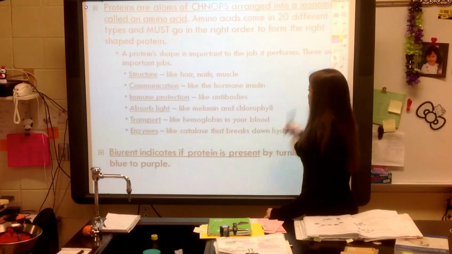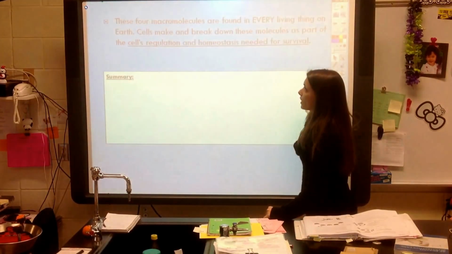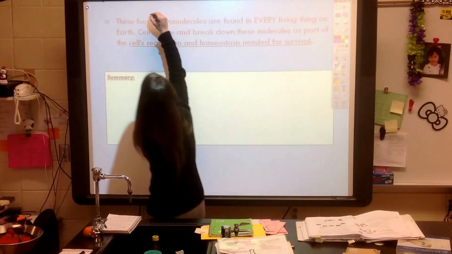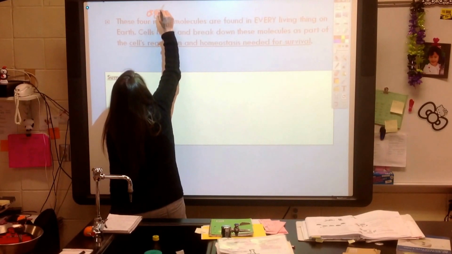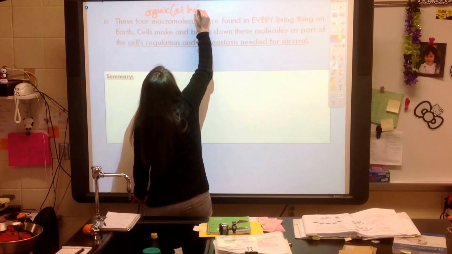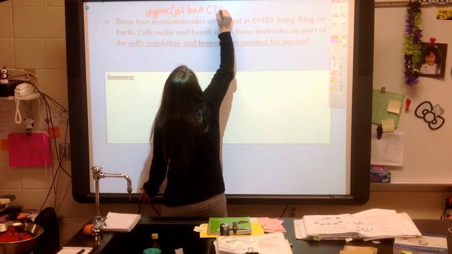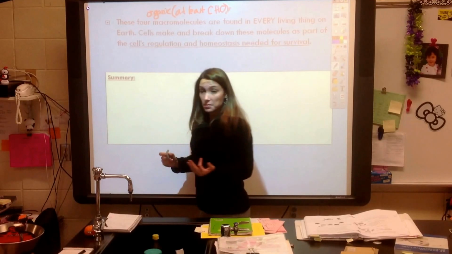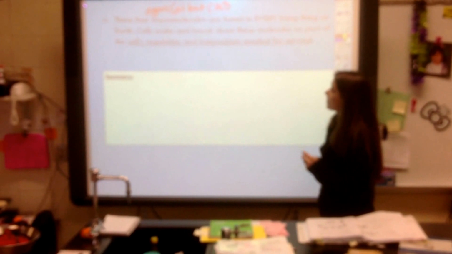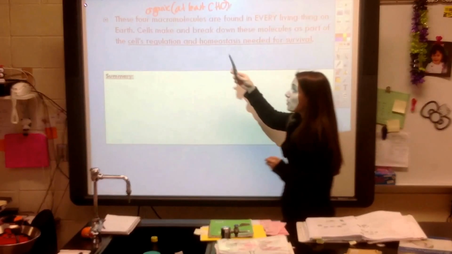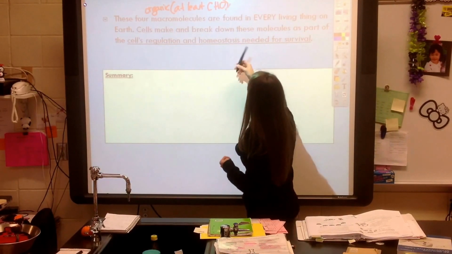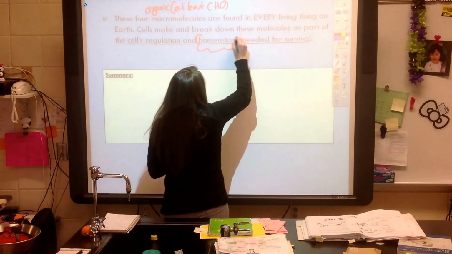And so, as we are finishing up here, we've learned about 4 macromolecules. Now notice, those macromolecules were all organic. They all had at least C, H, and O. Some of them had more. But these 4 organic macromolecules are found in every living thing. Cells both build these molecules and break them down to maintain something called homeostasis.